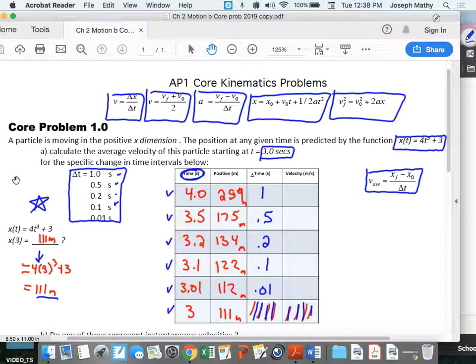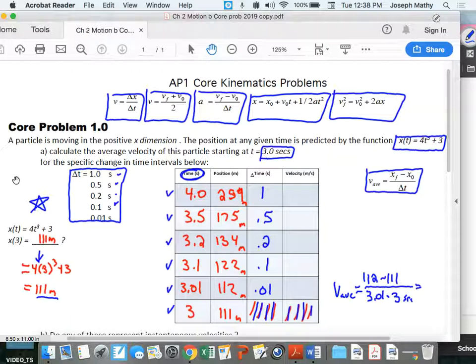But what we can do is apply this equation right here, and I'll write it out long once. The final position in this interval is 112. The particle started at 111 meters, and the final time was 3.01 minus an initial of 3 seconds.